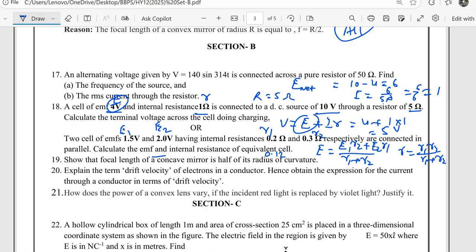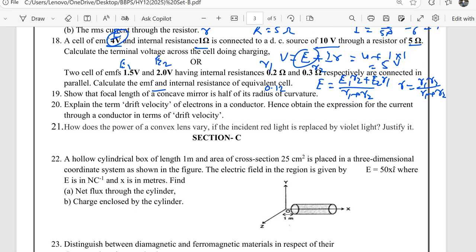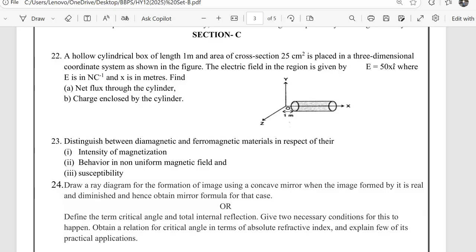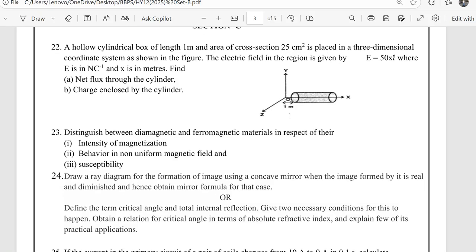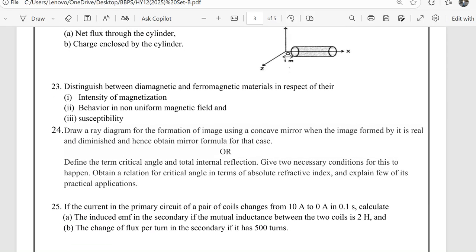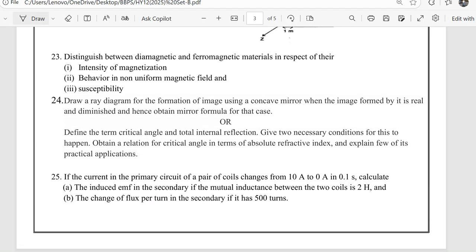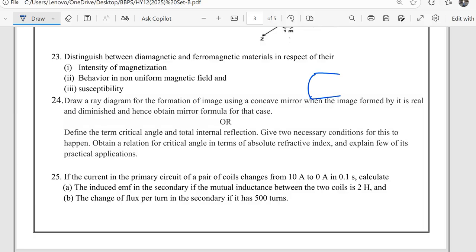Next, 19th same, 20th same, 21 same, 22 same. That was also the same, 23. Yeah, that is different, 24. In set A, this was for the spherical refracting surface, but here it is for the mirror. The mirror formula you need to derive.